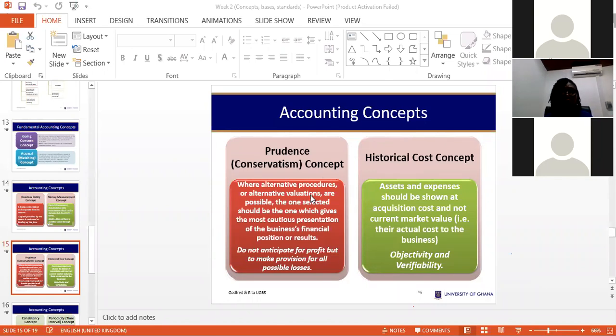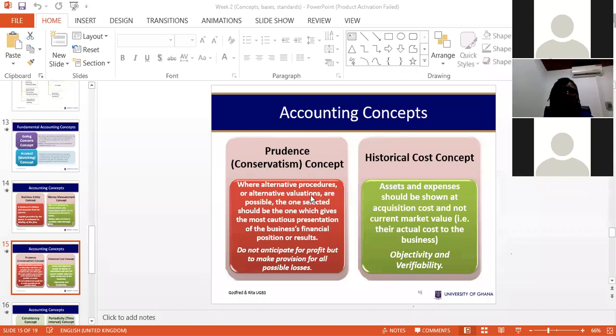Which method do you opt for? For prudence, we expect that as accountants, you would take the one that gives the most cautious presentation of the financials.